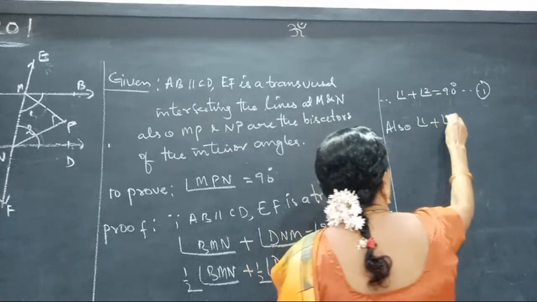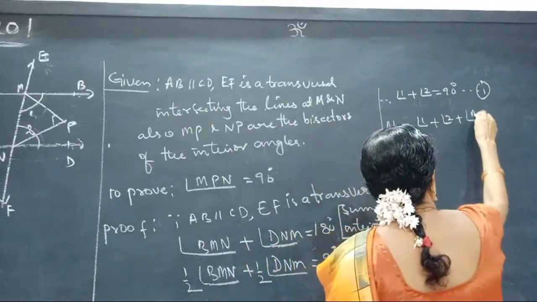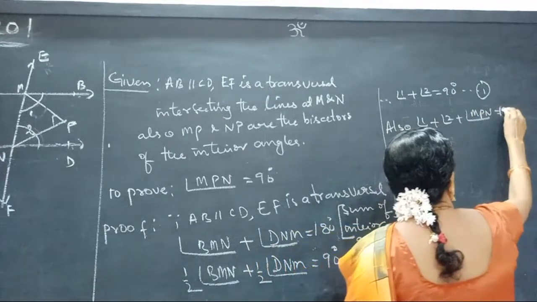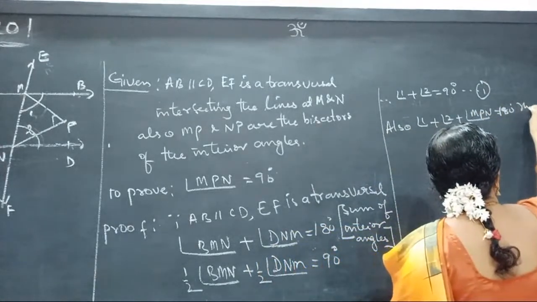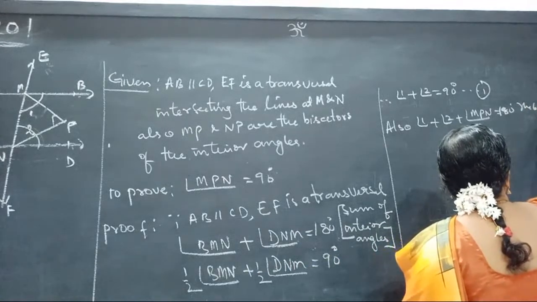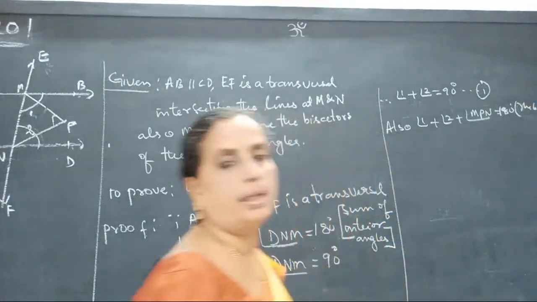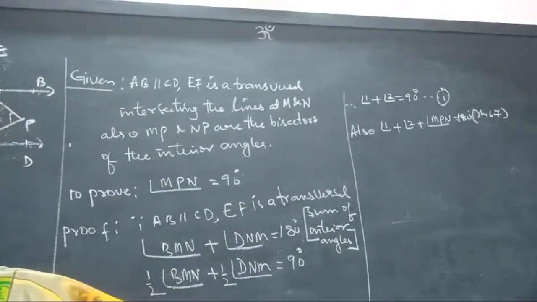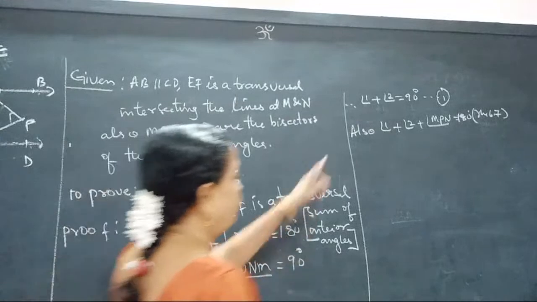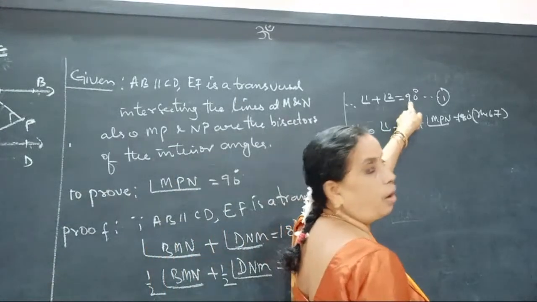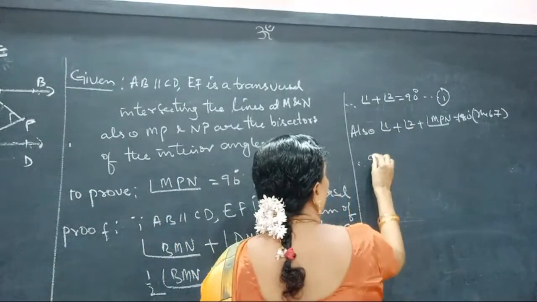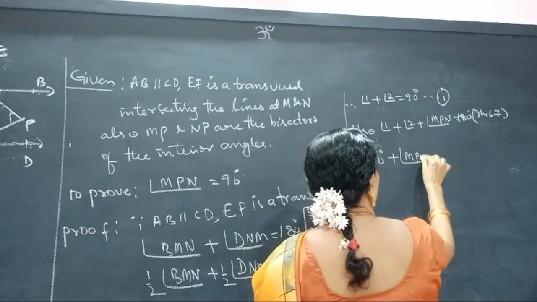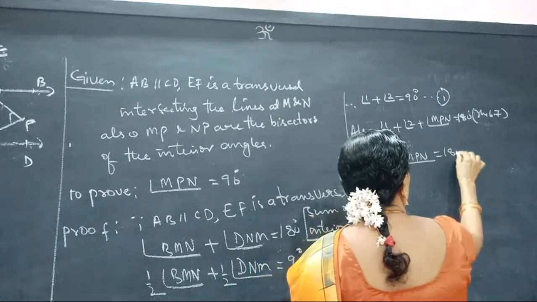Next, also angle 1 plus 2 plus angle MPN equals 180 degree, theorem 6.7, that is angle sum property of a triangle. Sum of the three angles is 180 degree. But 1 plus 2 is 90 degree, we already proved. Therefore, 90 degree plus angle MPN equals 180 degree.